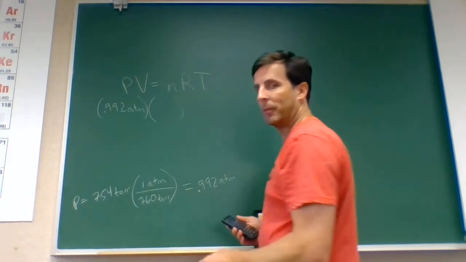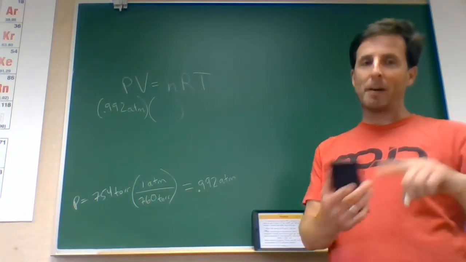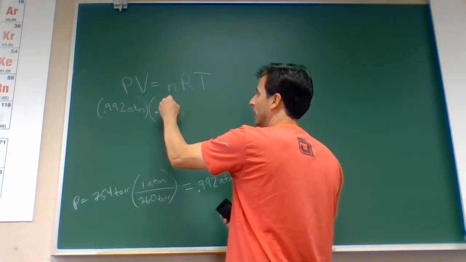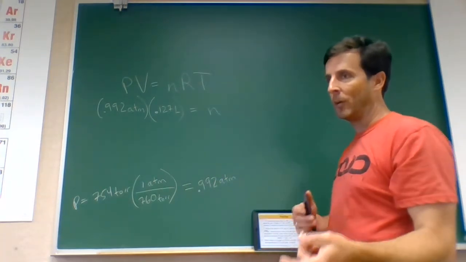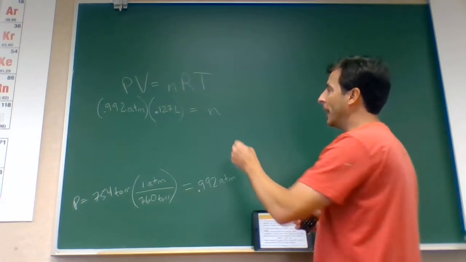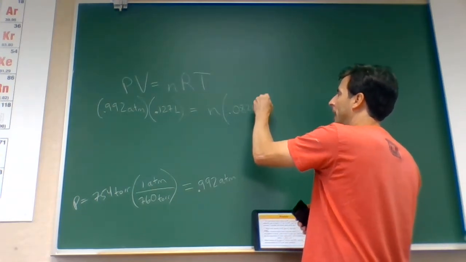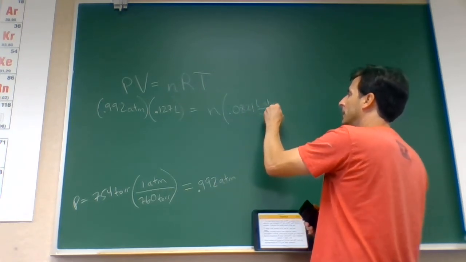My volume: the problem gave me 127 milliliters. I can just divide by 1,000, which gives 0.127 liters. n is my unknown. It's not the answer to the question, but it's going to help me get there. R is 0.0821 liter atmospheres per mole Kelvin.